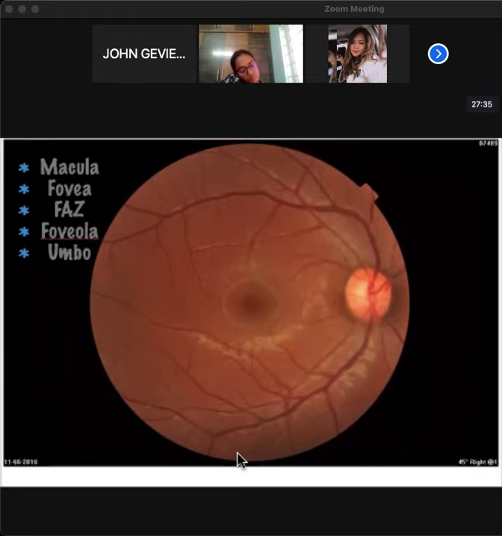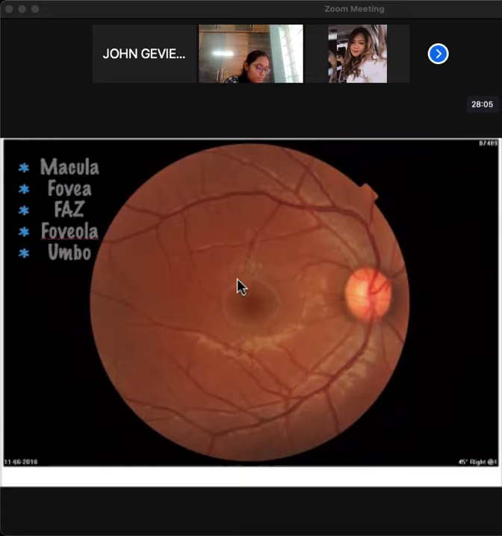So the macula, also known as the posterior pole, macula lutea, central retina or area centralis, is 5 to 6 millimeters in diameter, bounded by your temporal arcades, with 2 or more layers of ganglion cells with abundant antioxidants, which are your lutein and zeaxanthin, that filter the harmful blue light, preventing photic damage on the retina.